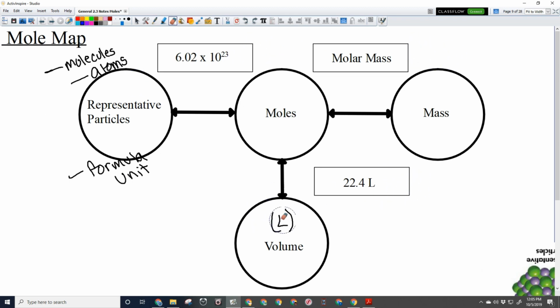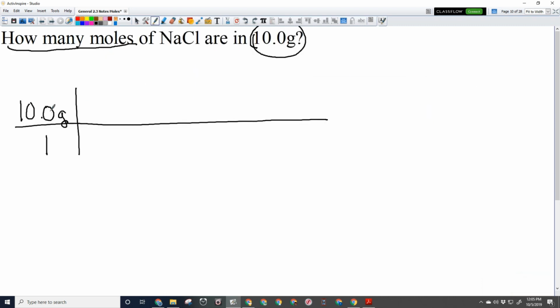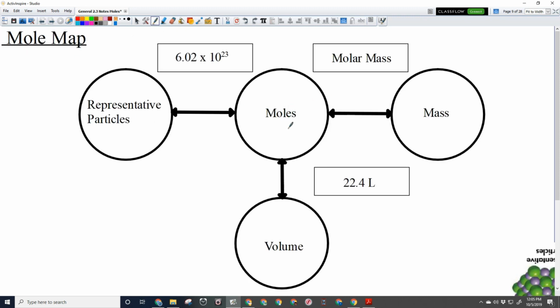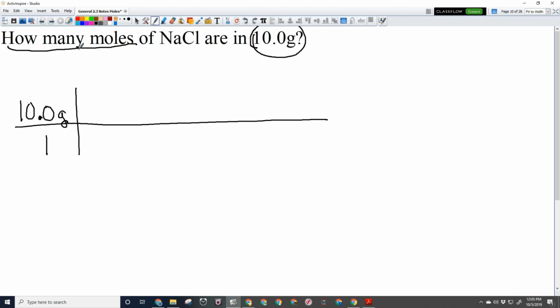Well, it's just like any other map. When you're using a map, you look at where you're starting and where you want to end up, and then it shows you the route to get there. So if we're starting with a mass, like 10 grams, and we want to get to moles, that's our destination.